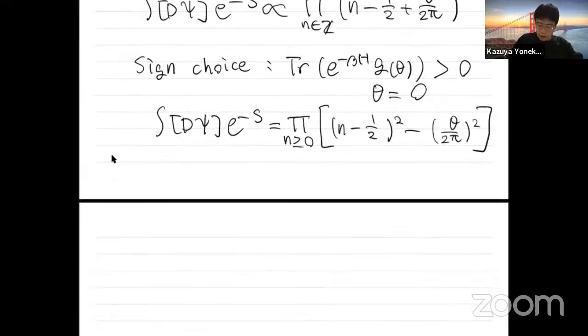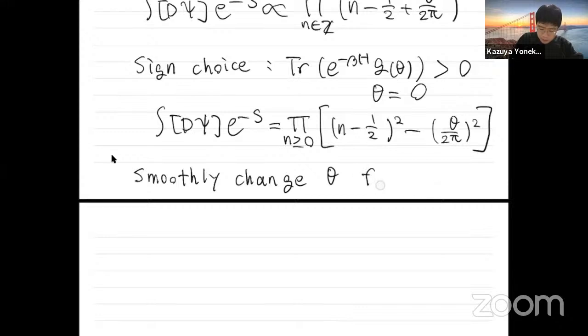So this is manifestly positive at theta equals 0. However, let's smoothly change the parameter theta. So I change it from 0 to 2 pi.